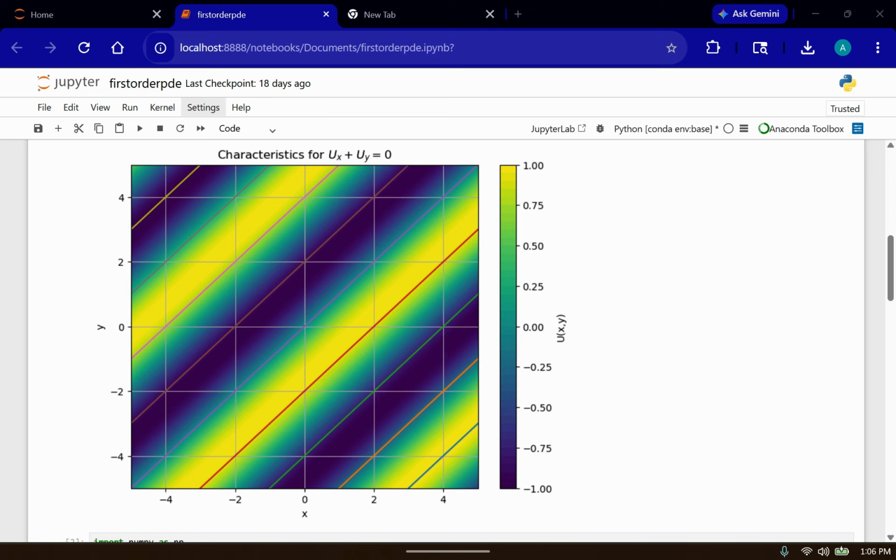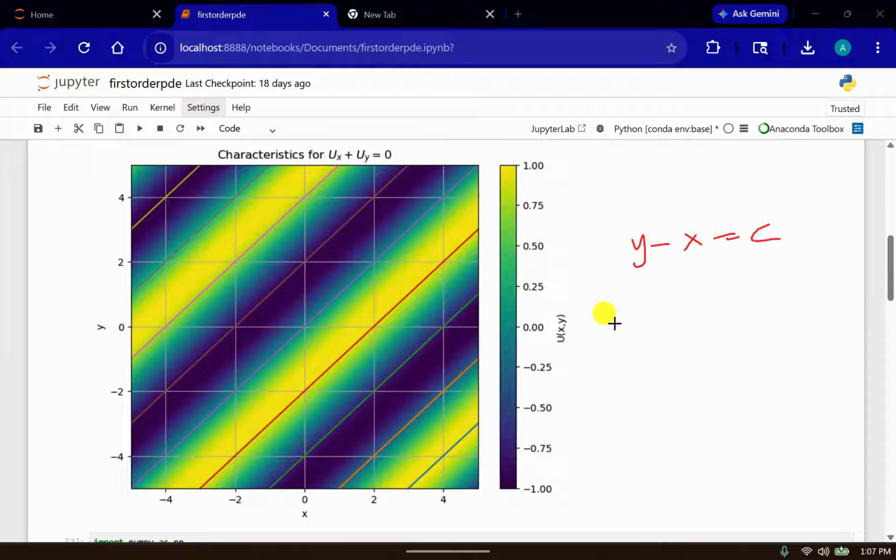Looking at it, what is the key here? The key is that along each of these straight lines, the solution does not change, right? The solution is just a constant. We already said the characteristic is y minus x equal to a constant.